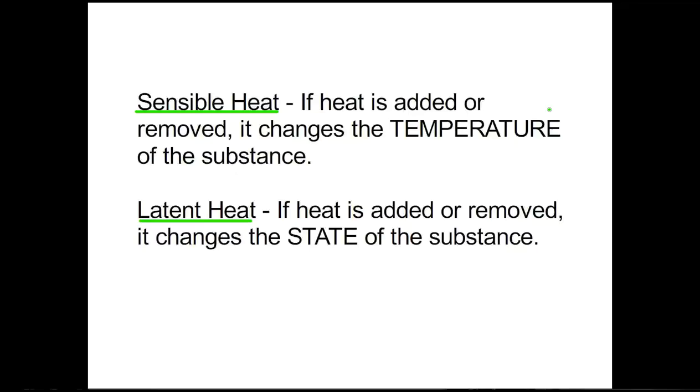And it remains steady at 212 degrees. The water does not increase in temperature because all of that heat energy that's being absorbed is changing the state of the water from liquid to vapor. That's called latent heat because even though you're adding heat, you can't measure it with your thermometer.